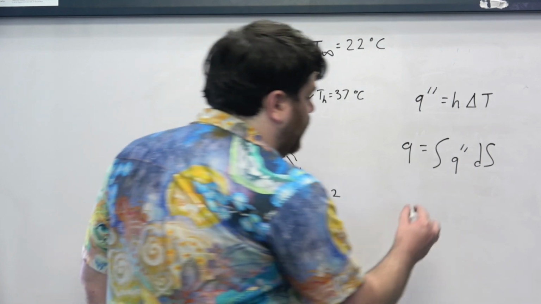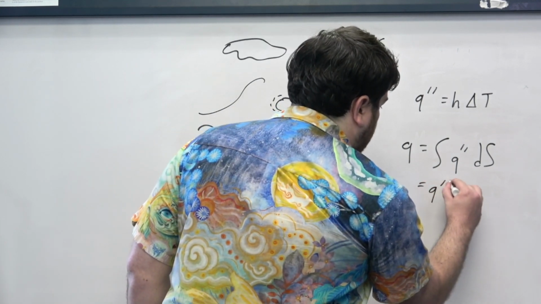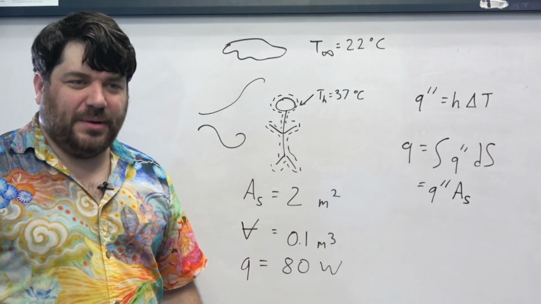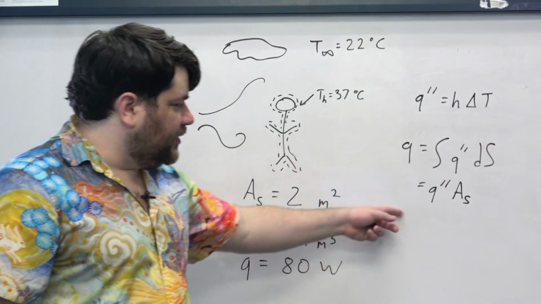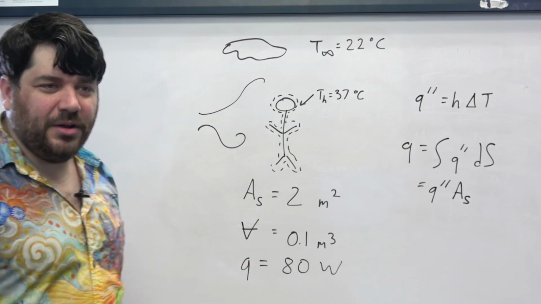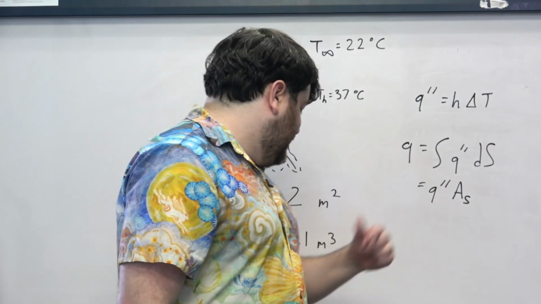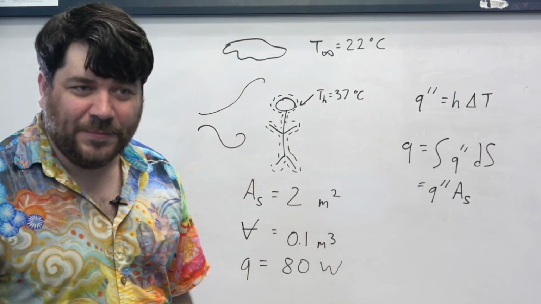It just becomes a multiplication, where we are just multiplying the heat flux over any piece of the body, right, because they're all the same, times the surface area of the boundary over which that heat transfer is taking place. And these two things, well, this and this we know, right?